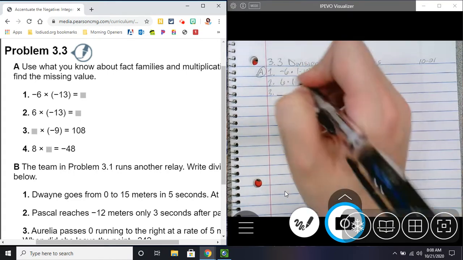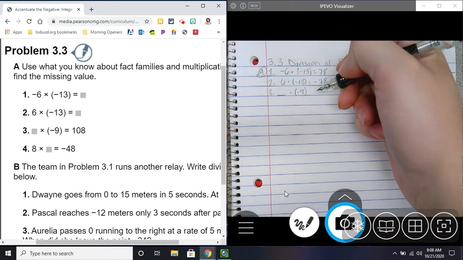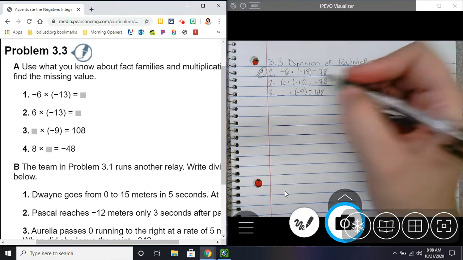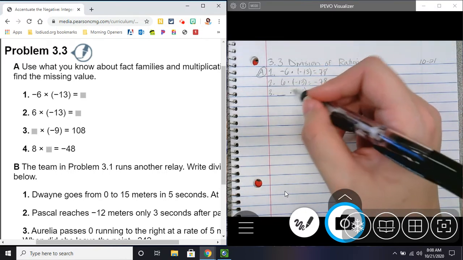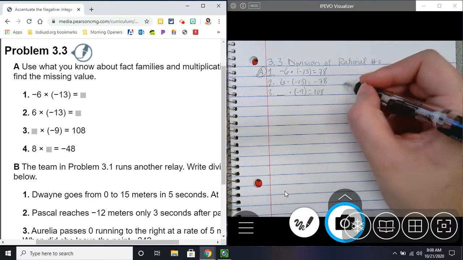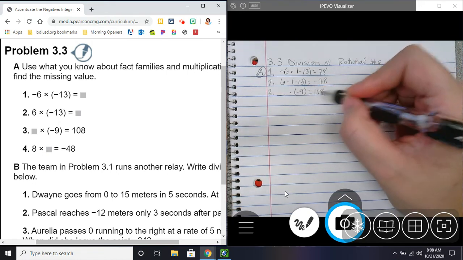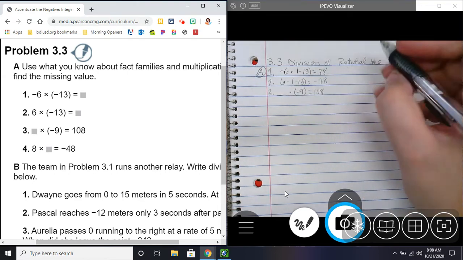Something times -9 equals 108. So this one is different because this first number is missing. And this is what they meant about the fact families. So you could rewrite this like if you didn't understand why this number was missing and how to work backwards.